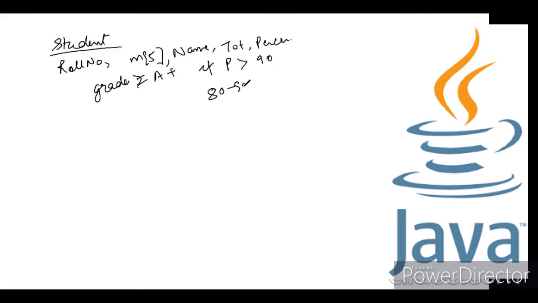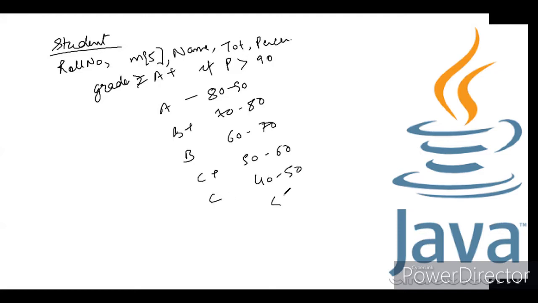If percentage is 80 to 90, then A, then 70 to 80 B plus, 60 to 70 B, 50 to 60 C plus, and 40 to 50 C, and less than 40 should be fail. So this is the question actually.